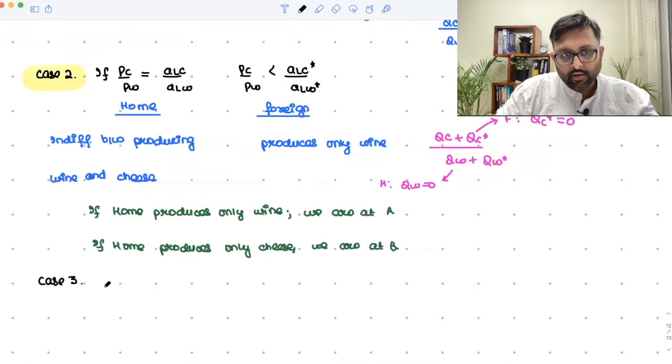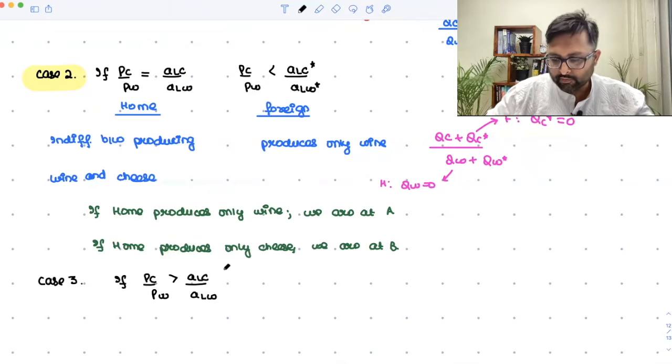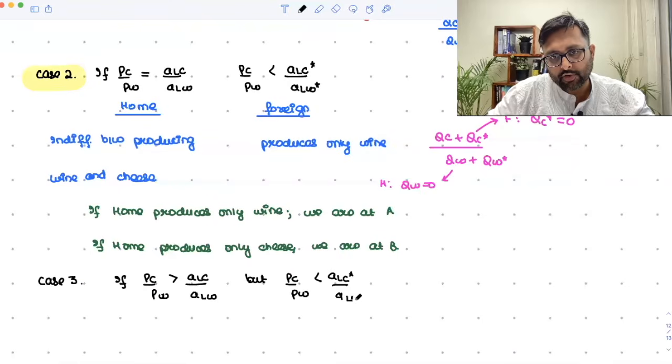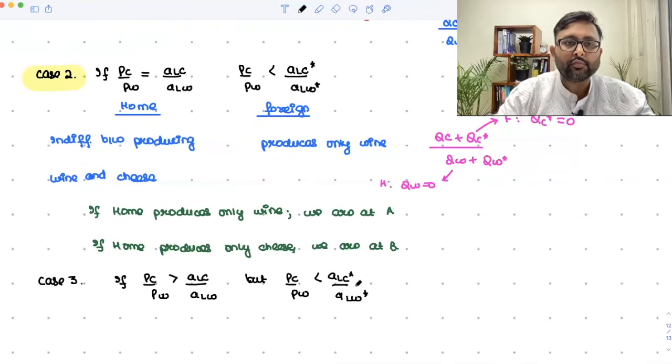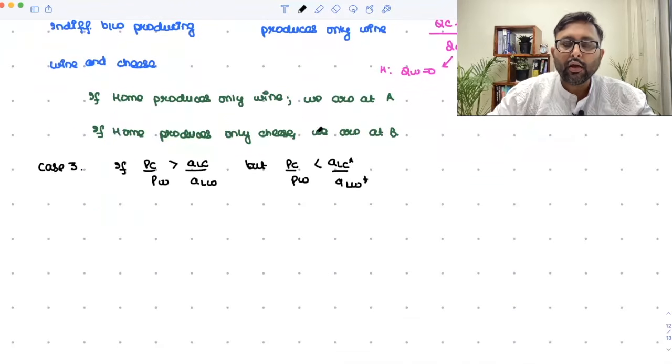Now, the relative price of cheese is greater than the opportunity cost of cheese in the home country. But the relative price of cheese is still not greater than the opportunity cost of cheese in the foreign country. Right? That is case 3.